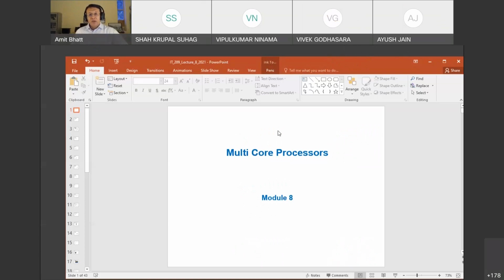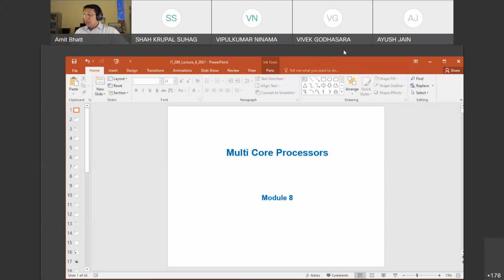Now, we are going to start talking about multi-core processors. So first, let us see why we are talking about multi-core processors. Now, the whole idea of multi-core processor or using multiple processors to do one task is not very new.